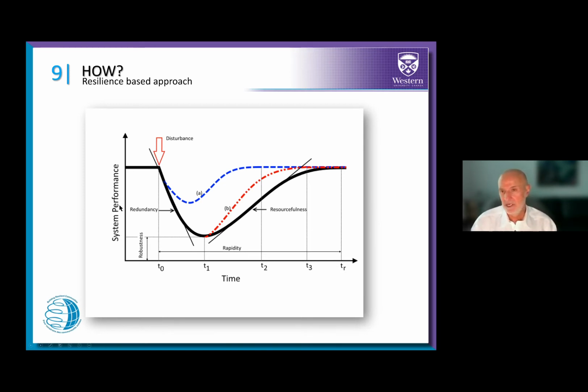Let's say that we are looking at the number of kilometers of roads or streets being under the water, and as the event progresses, obviously more and more streets will be under the water, and there is less and less ability to move the people. And when the flood starts receding, more and more streets will be available for transport, and the system will come back.